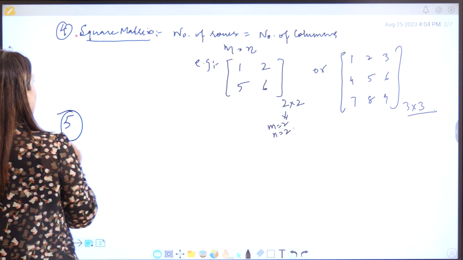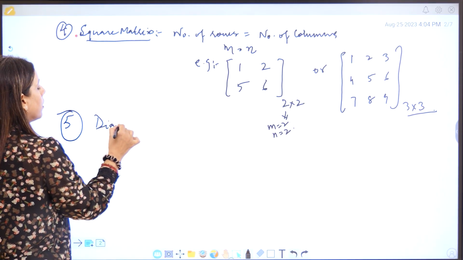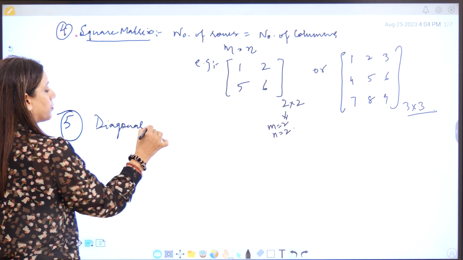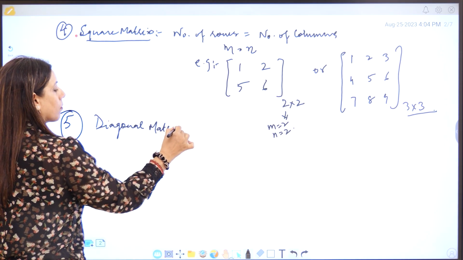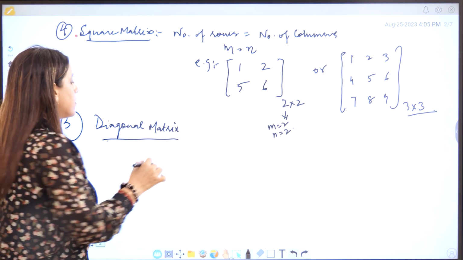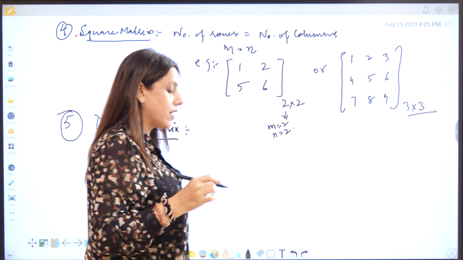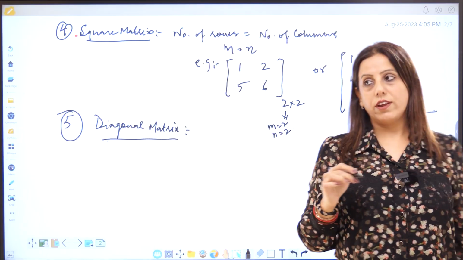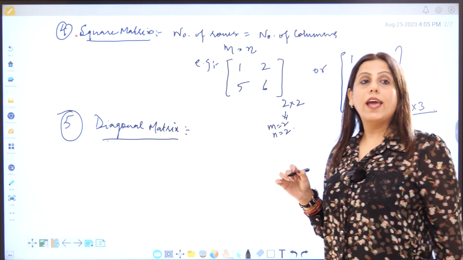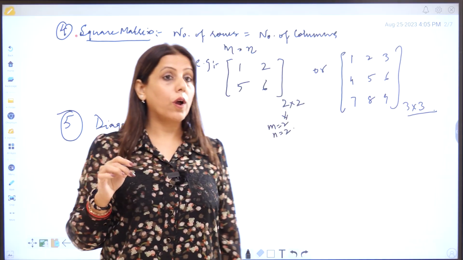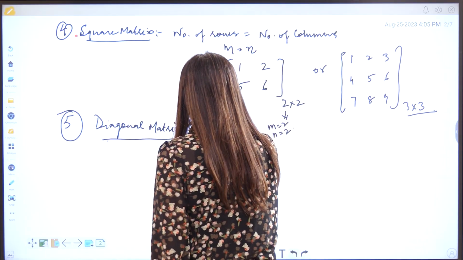Fifth one is the diagonal matrix. What is the diagonal matrix? I can say that it is a square matrix in which all elements are 0 except the diagonal elements.